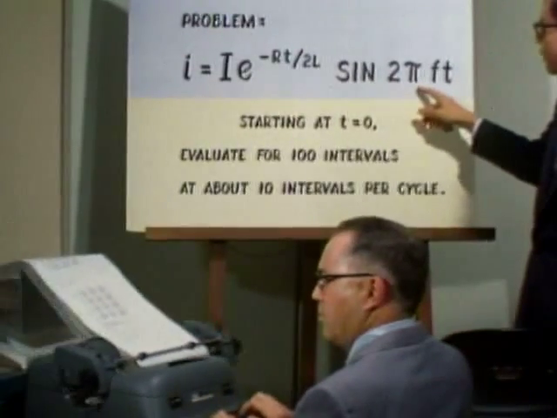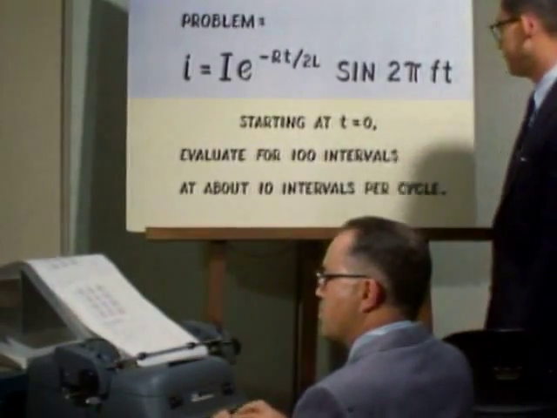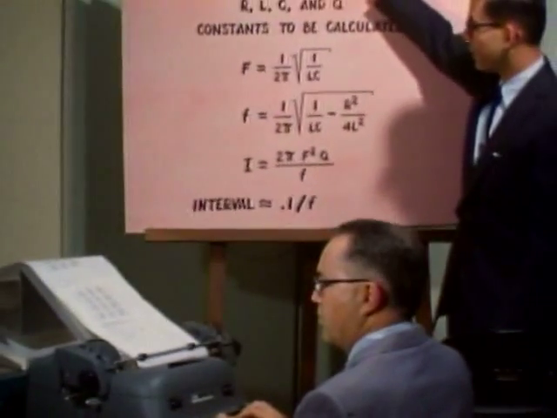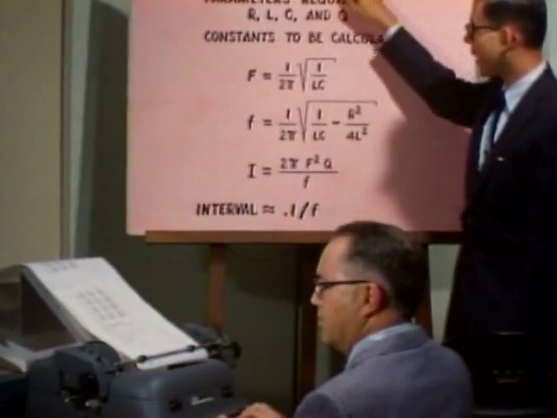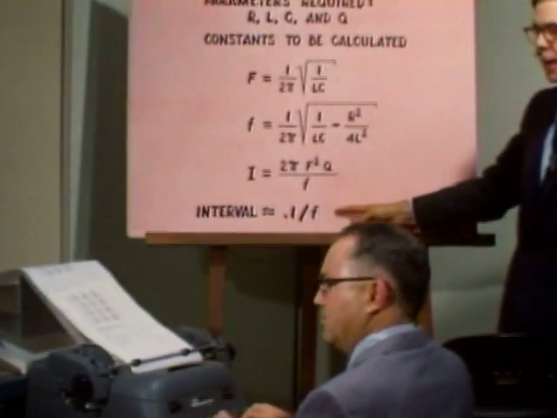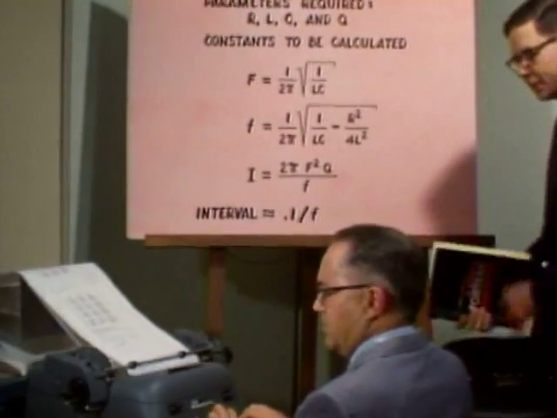First, we'll need the constant 2 pi. Next, we can store a program to compute the required factors and an approximate time interval.